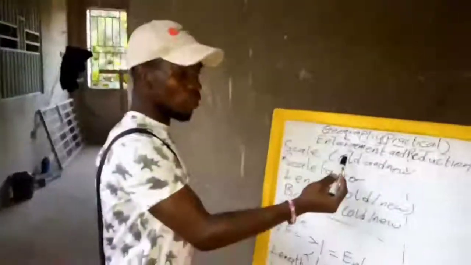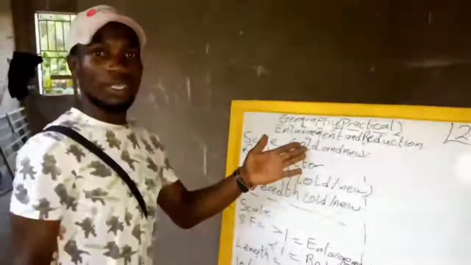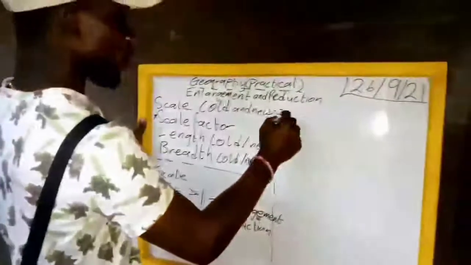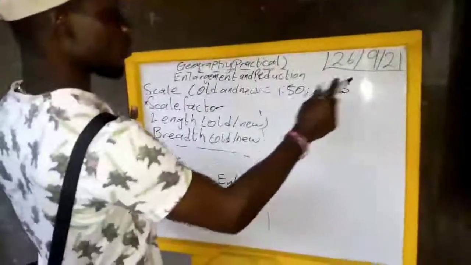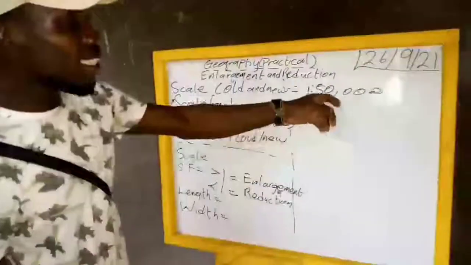Assuming the old map has a scale of 1:50,000, when you enlarge or reduce the map, this scale will change. That new scale that you get becomes the new scale.